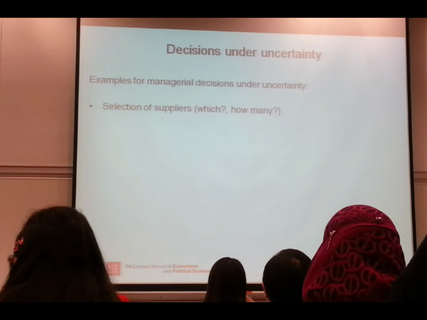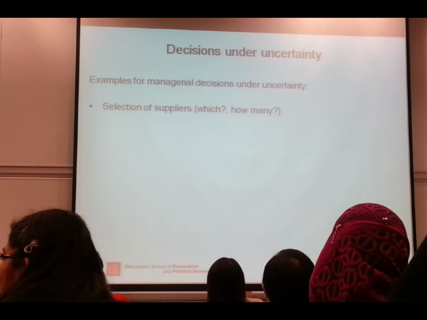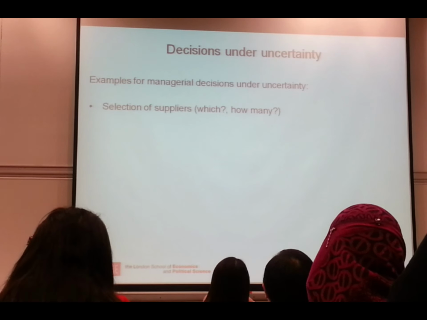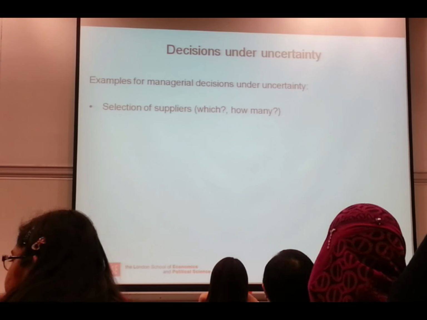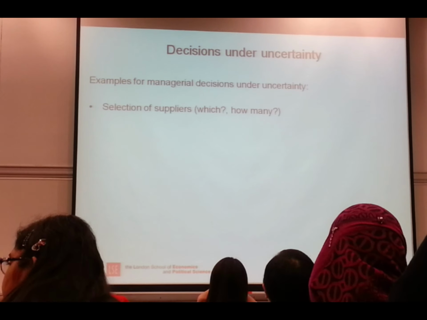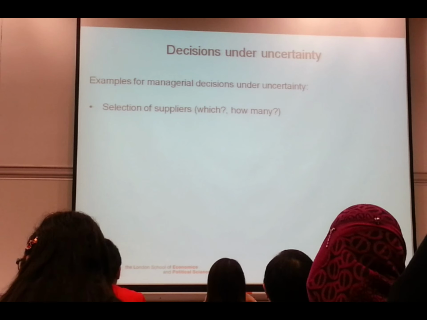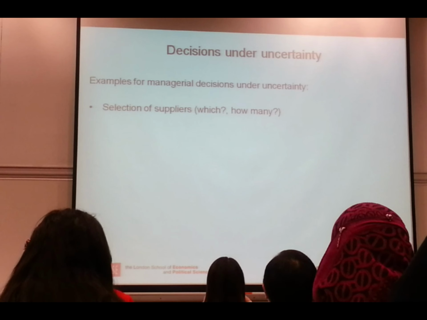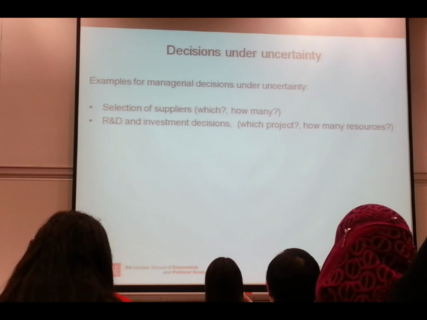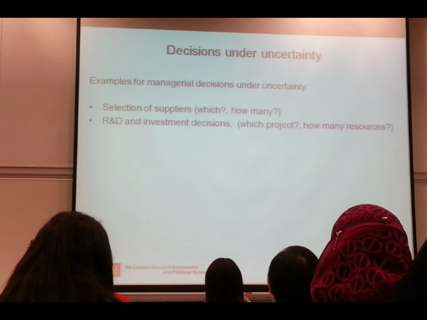But on the other hand, we may want to have multiple suppliers because we can insure ourselves against the other supplier basically going bankrupt or not delivering the way he should.